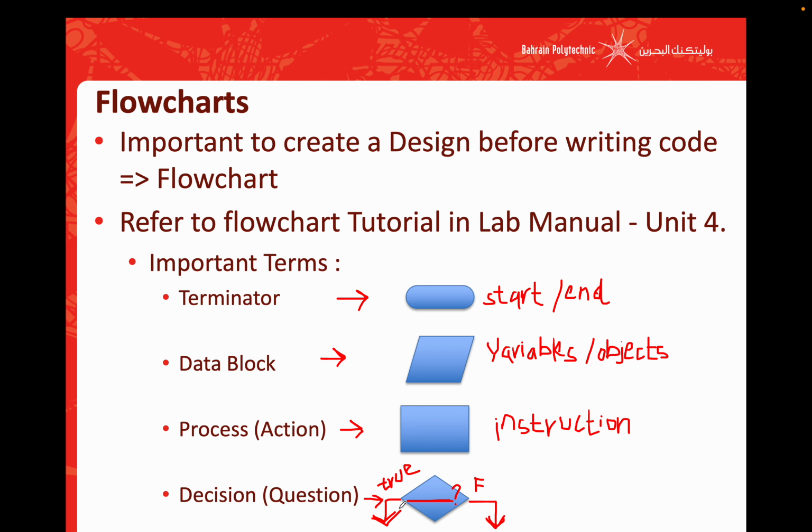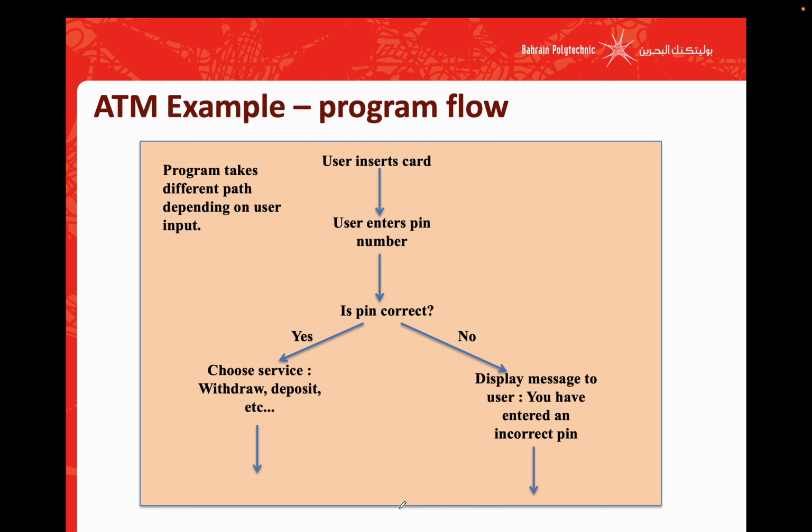Now, if we had to draw a flowchart for, let's say, a user who goes to an ATM machine and inserts their card, what will happen after that? You can represent that as a flowchart as well. The first thing that would happen is the user would insert the card, the user would then enter the PIN number, and then the system will decide if the PIN number is correct or not.